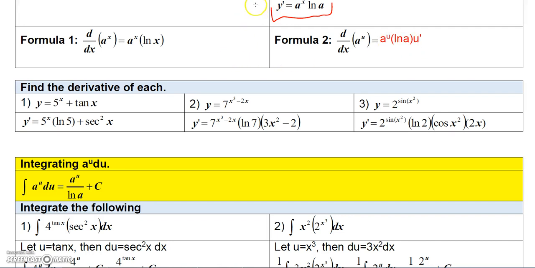Okay, so let's take a look at an example here. Here I have y equals 7 to the u, so a is 7, and u, the exponent, is x cubed minus 2x.